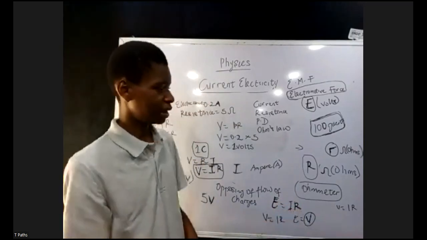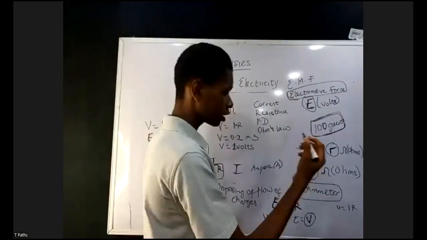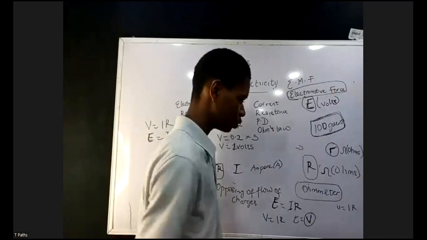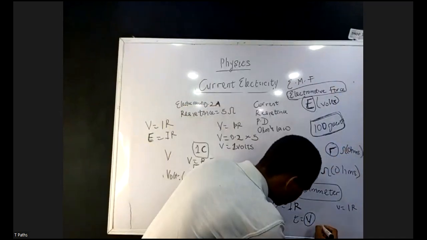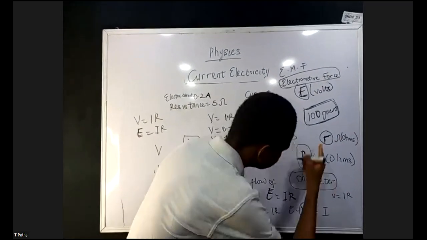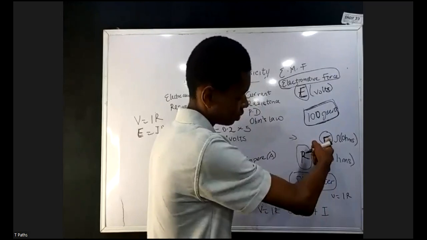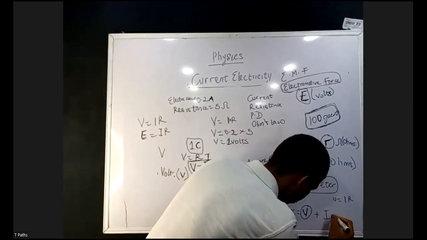And what is my internal resistance? My internal resistance is small letter r. So to get the potential difference of the internal circuit, I'll multiply the current by the internal resistance, which is I times small letter r.